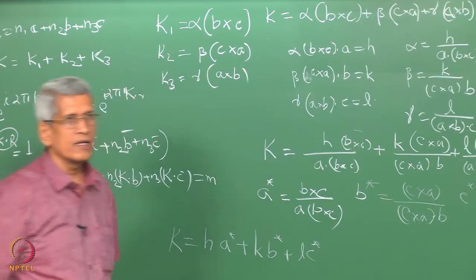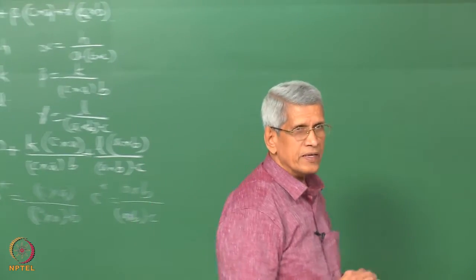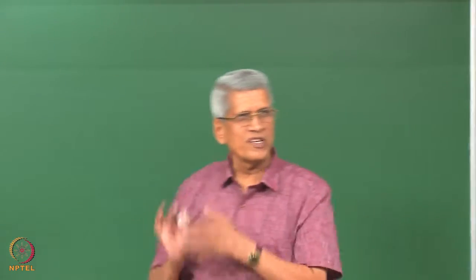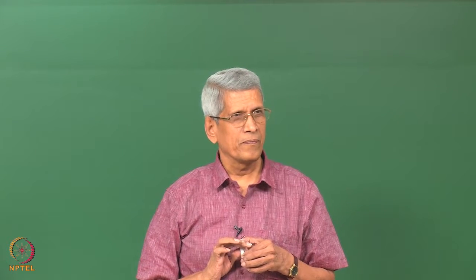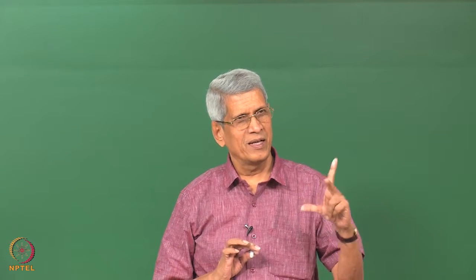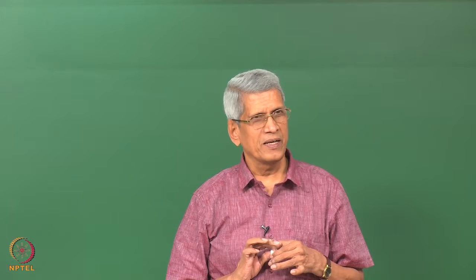This is a vector in the reciprocal lattice, correct? H, K, L are the coefficients of that vector. If you look at this vector, the definition, it is essentially with an orthonormal axis. Both the coordinate systems are the same coordinate system with which all the vectors are represented.